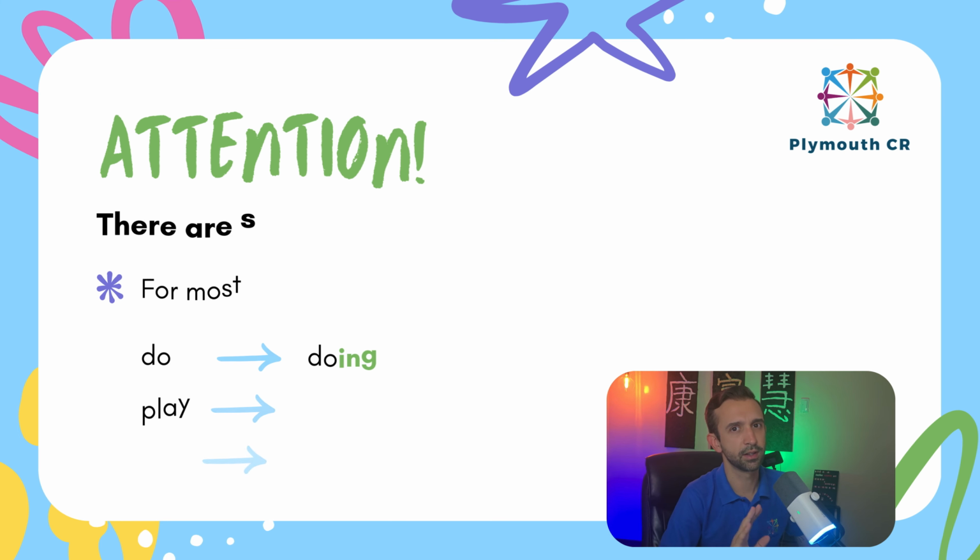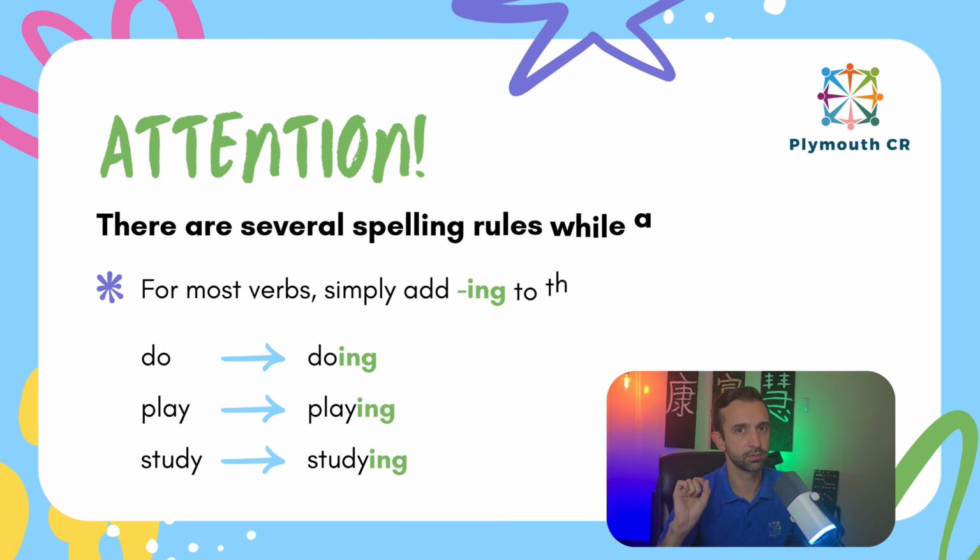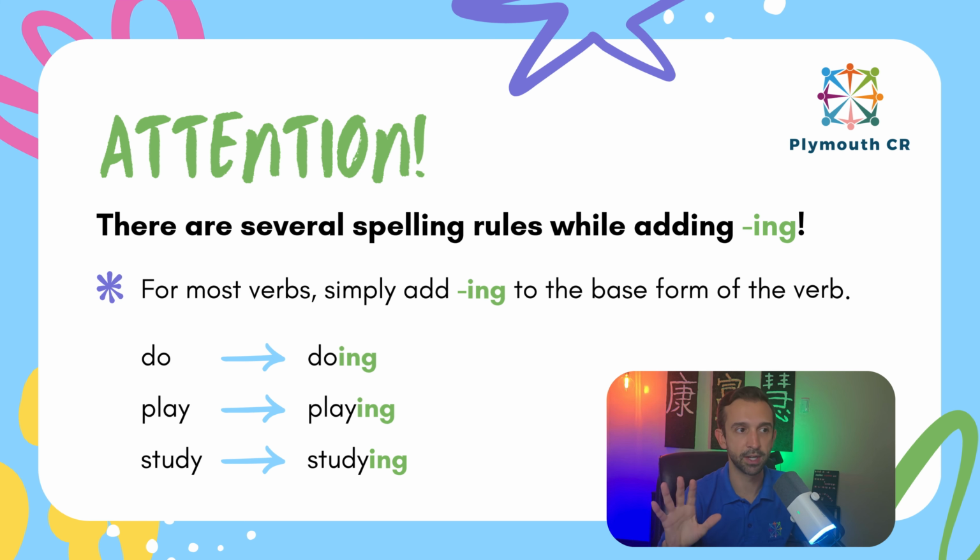I'm not gonna stay in here too long. These are just some reminders of the several spelling rules for when you add the ing form. So just pause the video in here and try to remember how these things change depending on the ending of the base form, right?